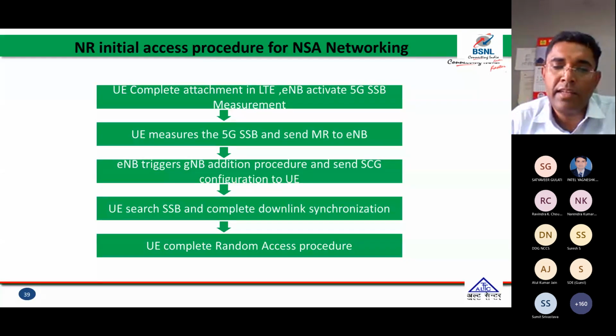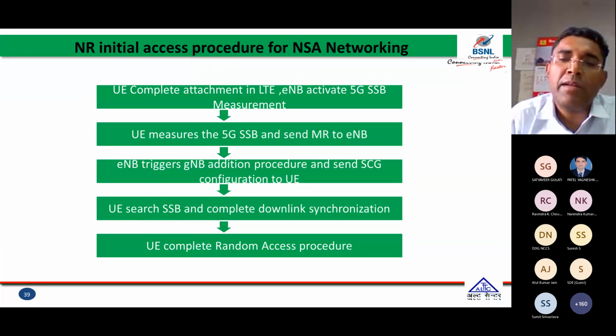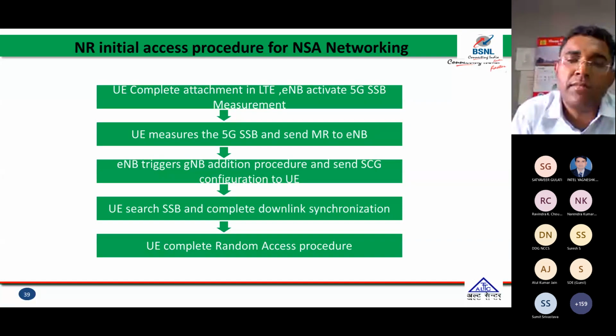And then the UE completes the random access procedure with the 5G node. In the NSA, all the EPS bearer and radio bearer and SRB, DRB are already present. After adding the G node B, they start uplink synchronization by using the random access procedure. So we will discuss in detail in tomorrow's class.